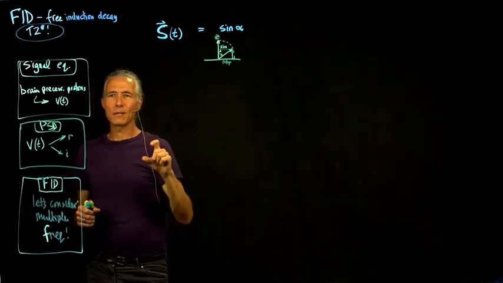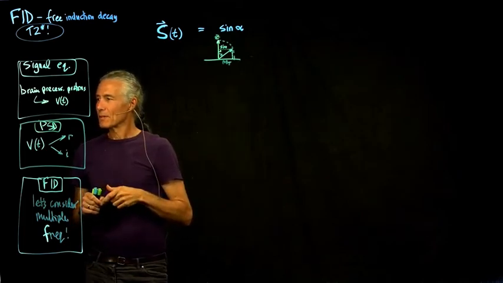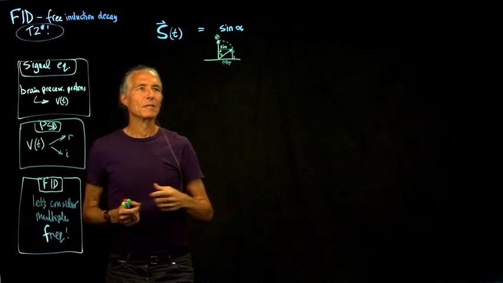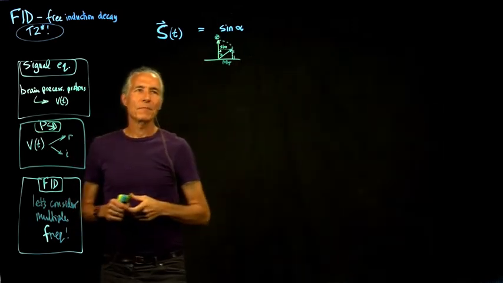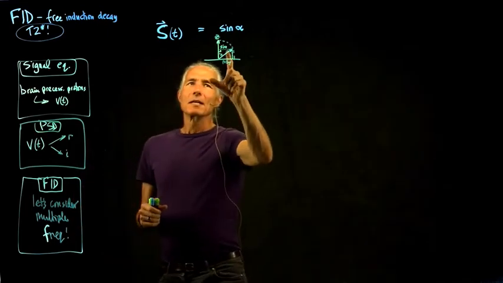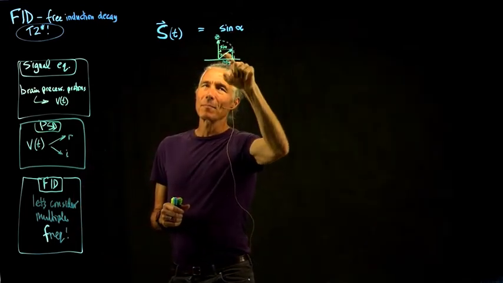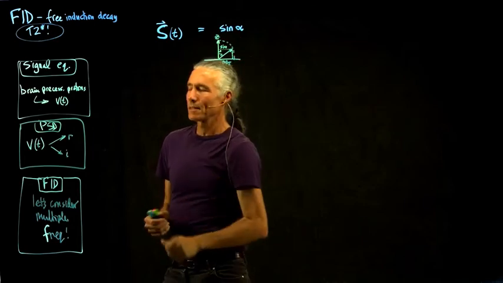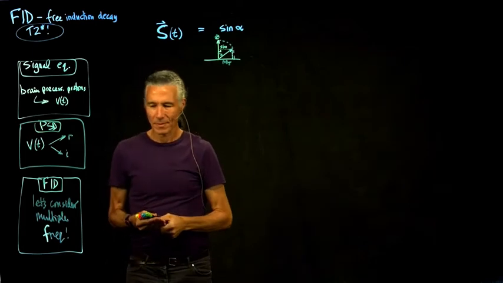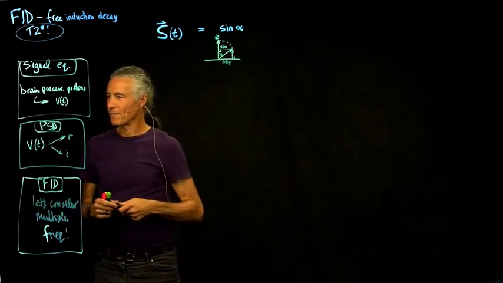That's an important thing to keep in mind. So you're only recording the transverse component. The sine of the flip angle tells you how much transverse component you start with, which is proportional to how much signal you have.